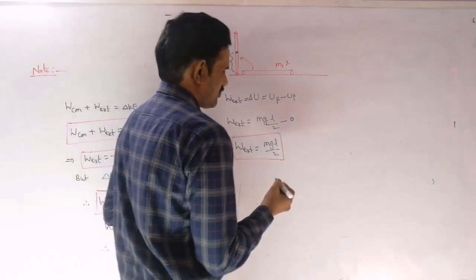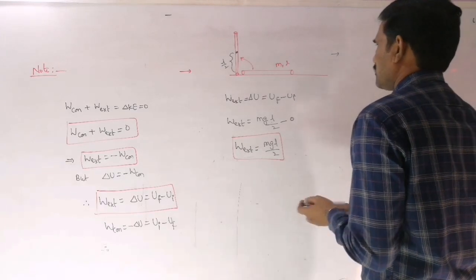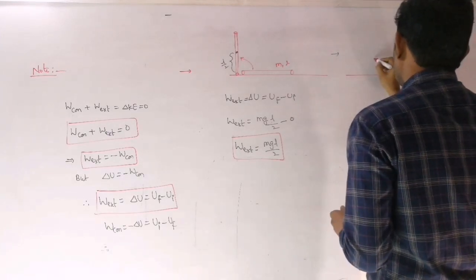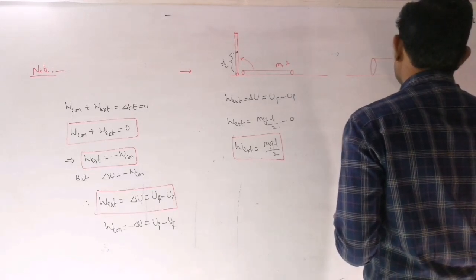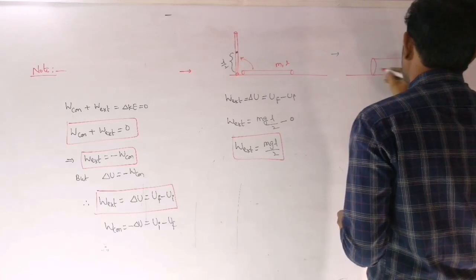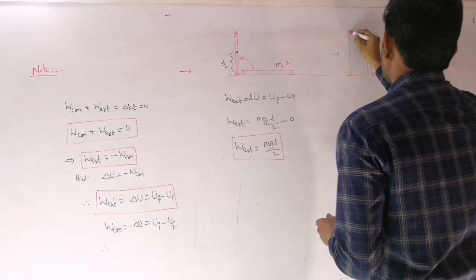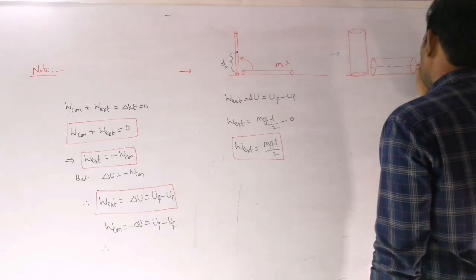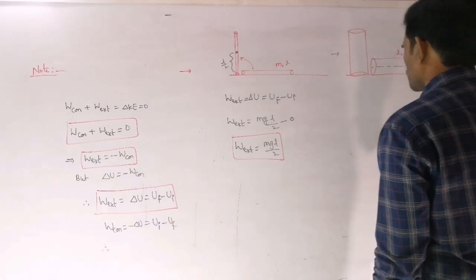Now for the same example, if I take a thick, cylindrical arrangement where the radius is also given, the cylinder is placed like this, with length L, mass m and radius r.